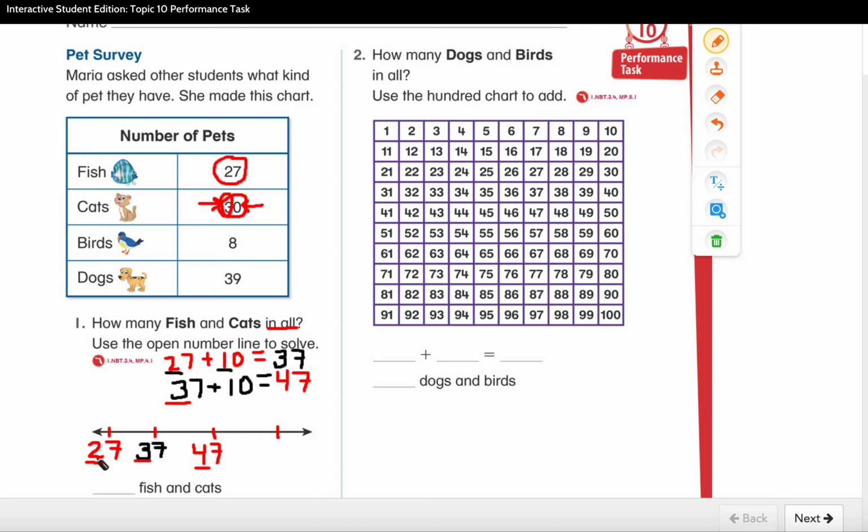I know it's going 2, 3, 4. What comes after 4? 5. So now our answer is going to be 57. So we just found our answer to 27 plus 30 is 57. Let's write it down.